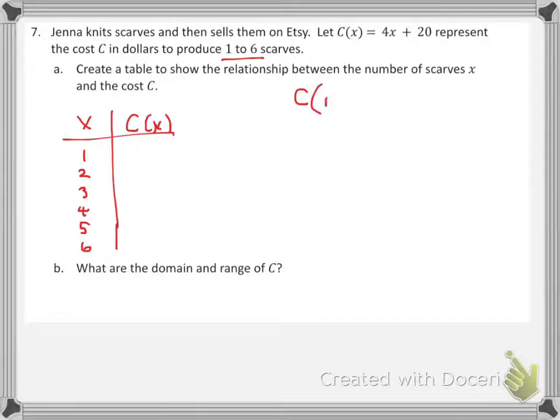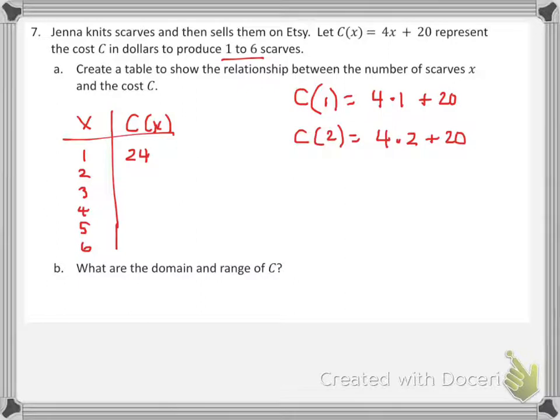C of 1 is equal to 4 times 1 and then plus 20. Well, 4 times 1 is 4 plus 20, 24. So when x is 1, the function of x would be 24. C of 2 is equal to 4 times 2 plus 20.